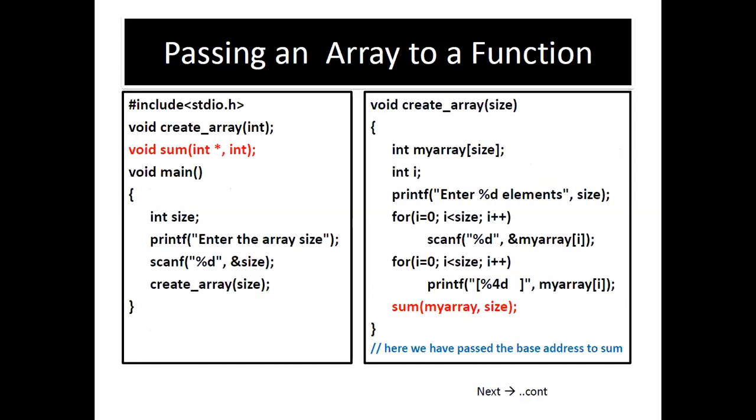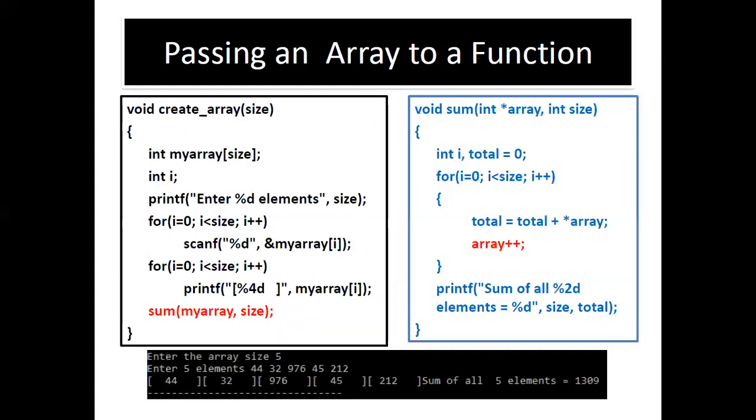We'll go back to the code. So you are here and we are supposed to define the sum function. So let us go to the sum function, and that is on my right side in blue color, and on the left side you have already seen that create array is calling a function by the name of sum, and we are passing the array address.